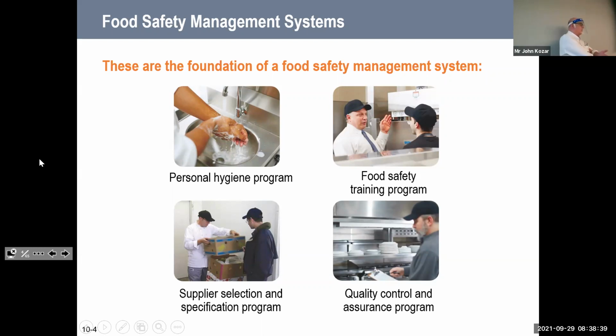So you will have to train your employees to handle food safely within your operation. Some larger restaurants will pay for their employees to go take this class somewhere. Anybody know how long the certificate in this class is good for? 5 years. Yeah.